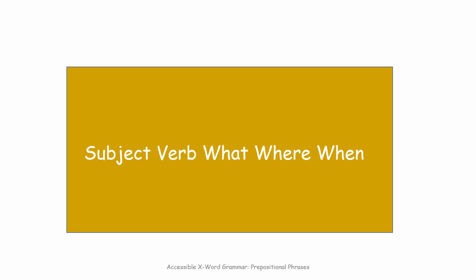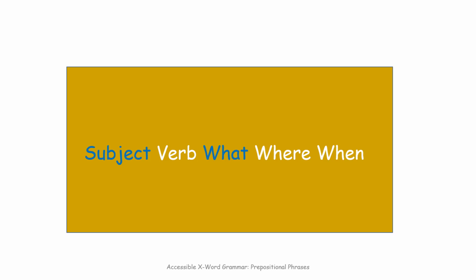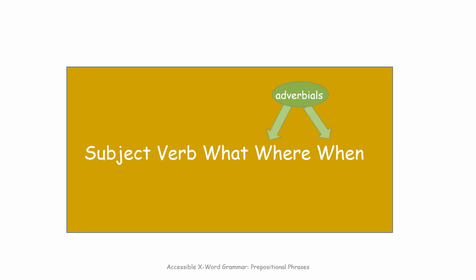Subject, verb, object, also called what, where, when. You have already learned about the noun boxes that make the subject and what, and you have learned about verb phrases. Today, we will look at prepositional phrases in two adverbial positions, where and when.